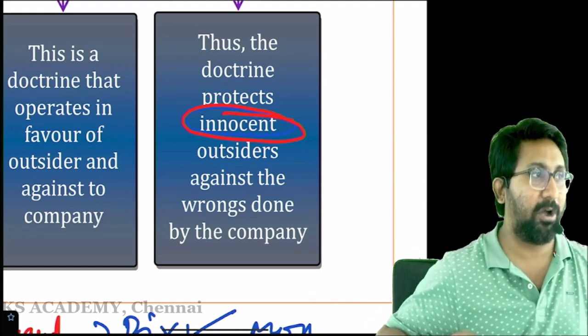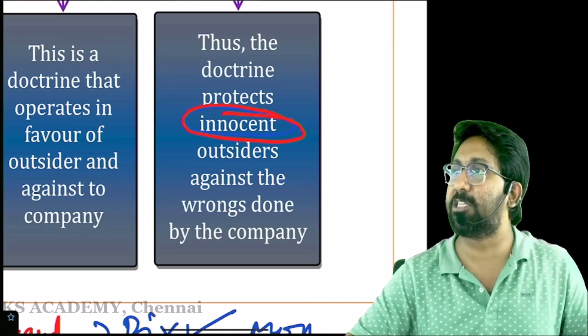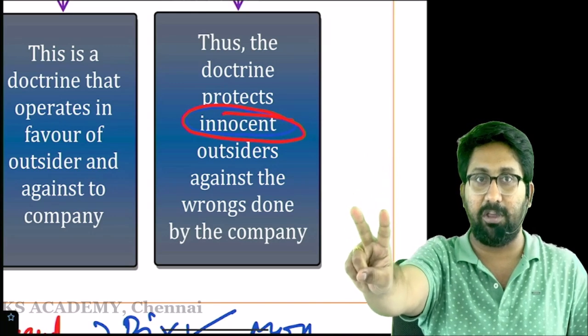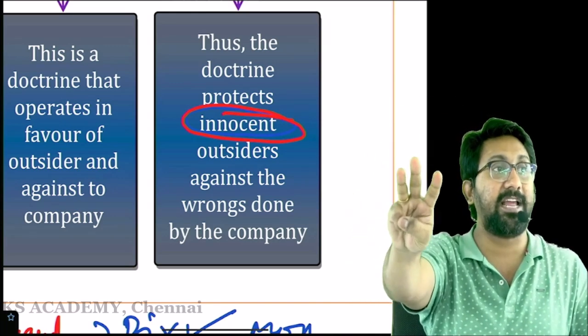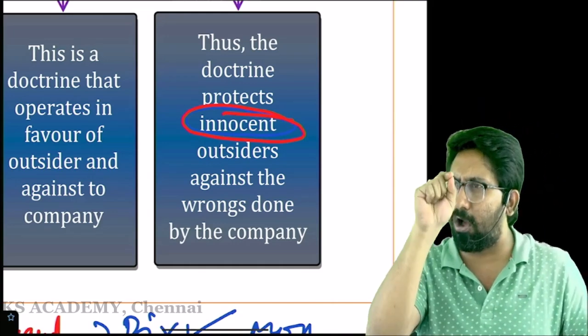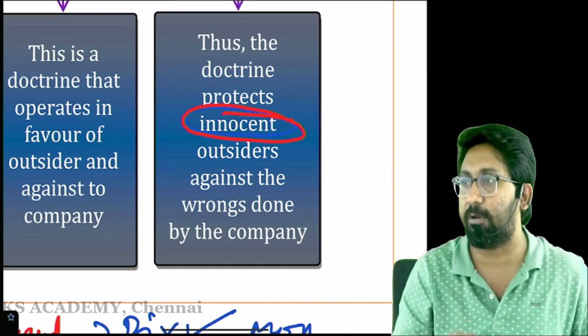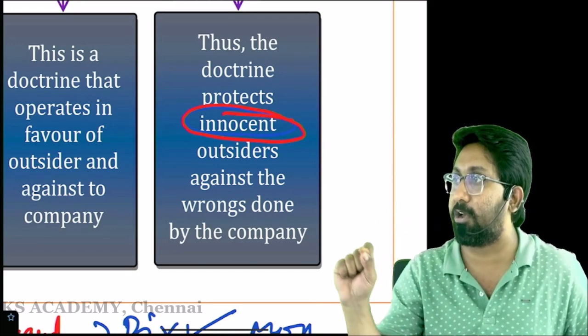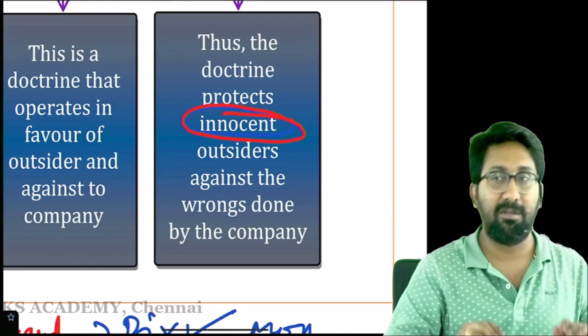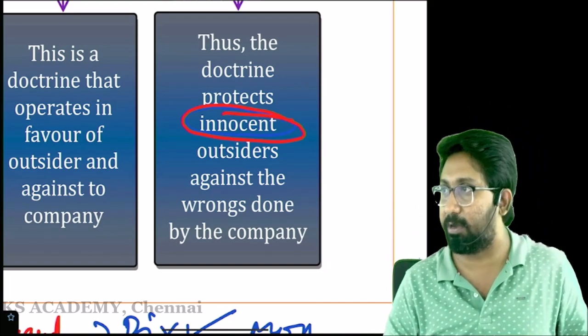So, the point is, for indoor management to protect you, I should read the MOA, I should read the AOA, understand in the right sense, and have no knowledge of irregularity. If I satisfy all the conditions, then indoor management will protect me, because indoor management protects not outsiders, it protects innocent outsiders. With this, we completed this concept.